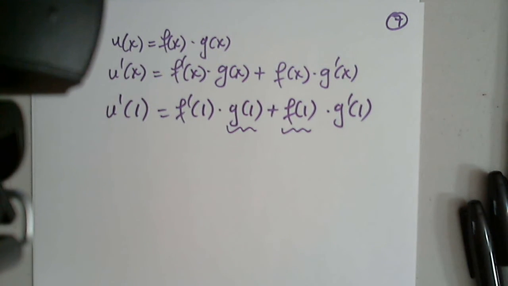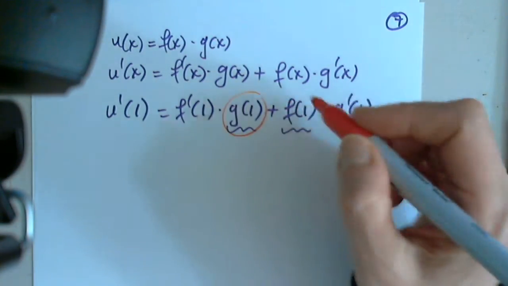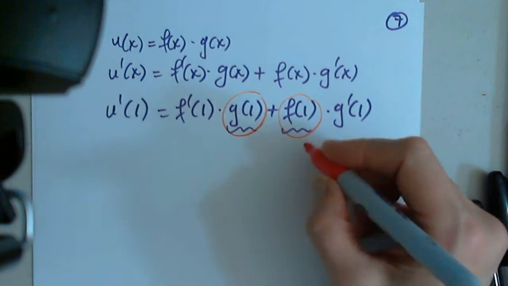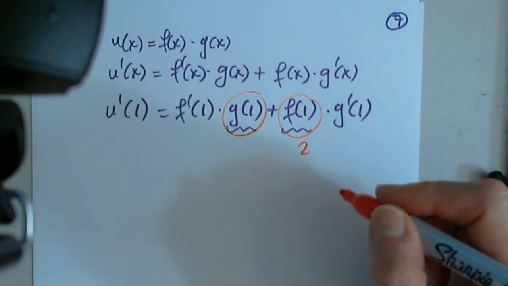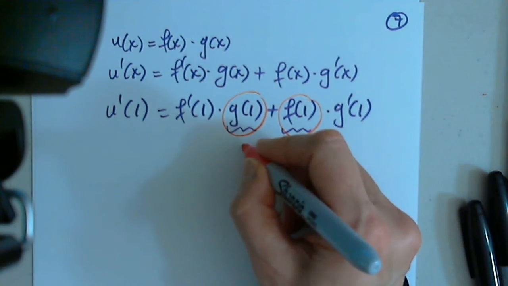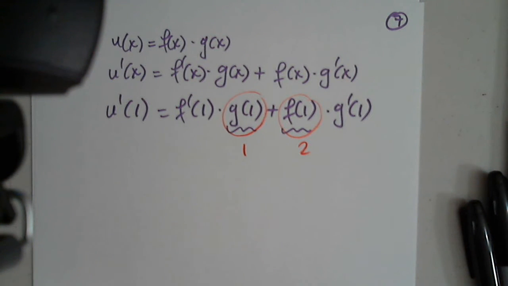How much is f of 1? Very good. And g of 1? 1. Perfect. Now I'm going to share my screen. To make sure it's clear how I determine f prime of 1: f is this, and f prime of 1, so it's constant, right?